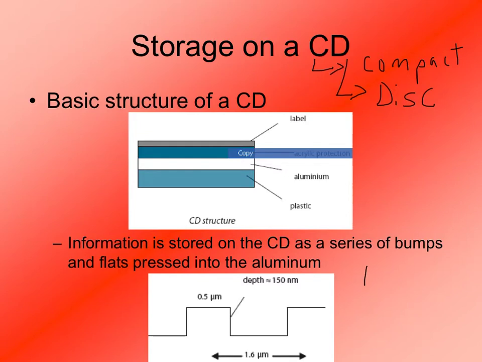They are put under a machine that has the inverse arrangement of pits and bumps, and it's actually pressed into the aluminum, so it's physically in the aluminum. And so the information is stored on the CD as a series of bumps and flats that's recorded in the metal, which is then covered up by the plastic to protect it.